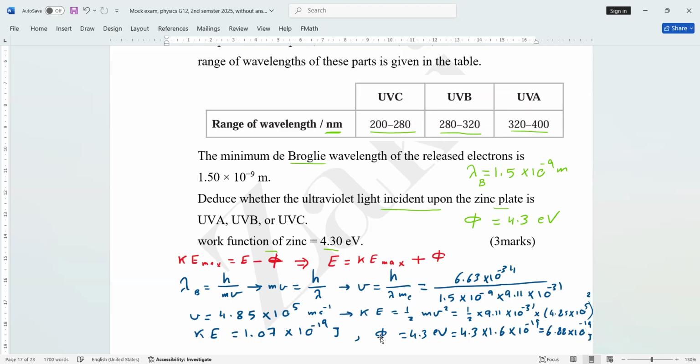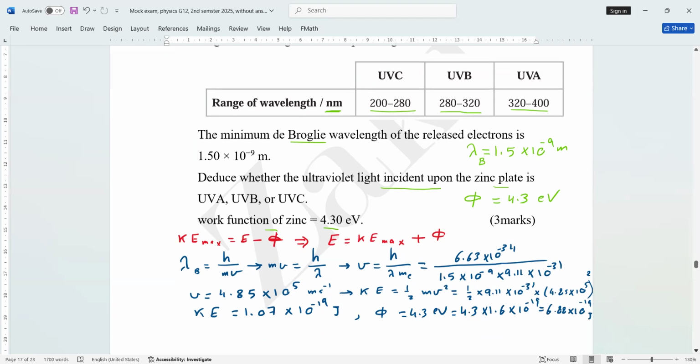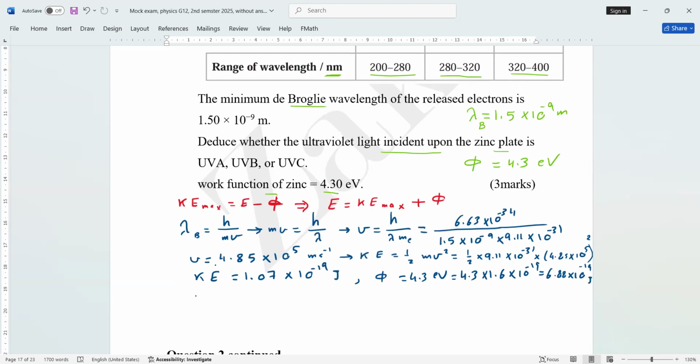Now we can calculate the energy. The energy equals the kinetic energy maximum plus phi.